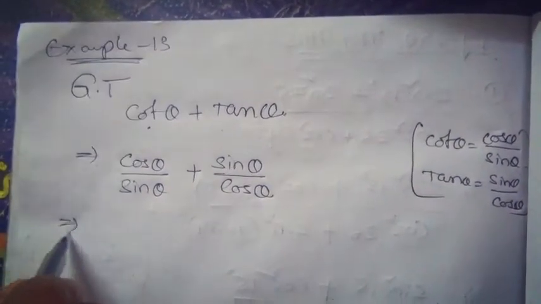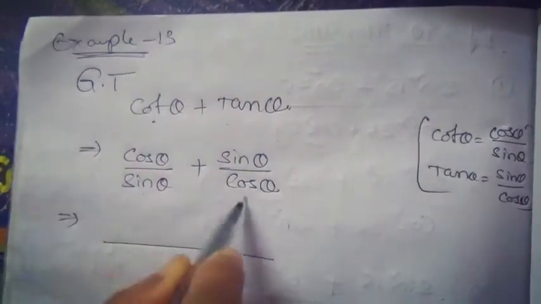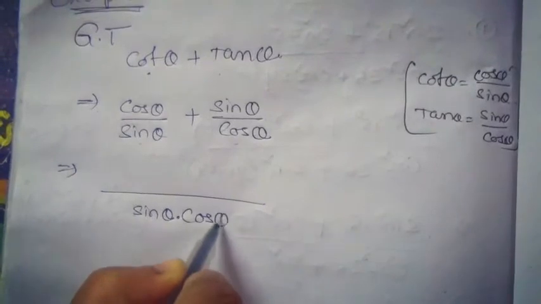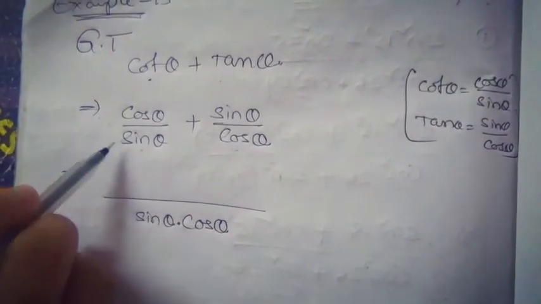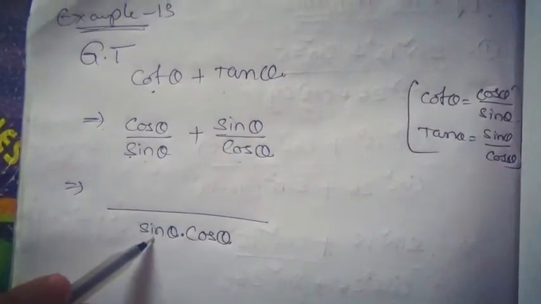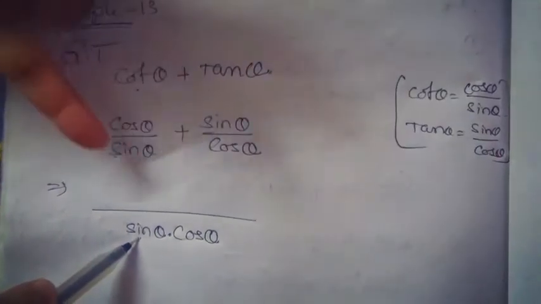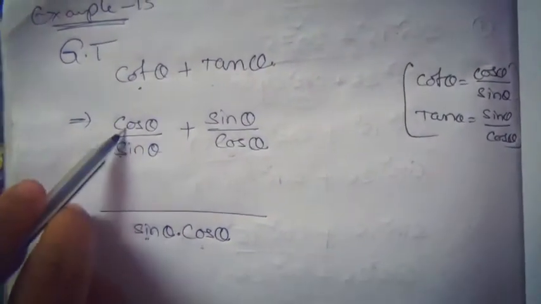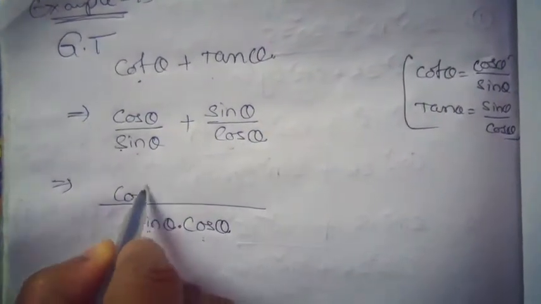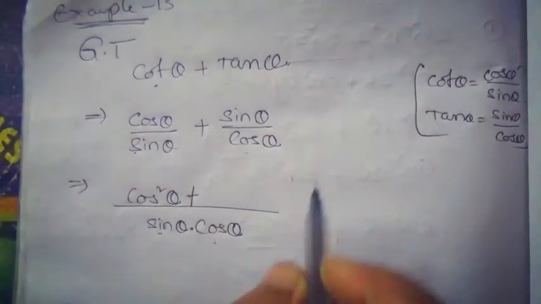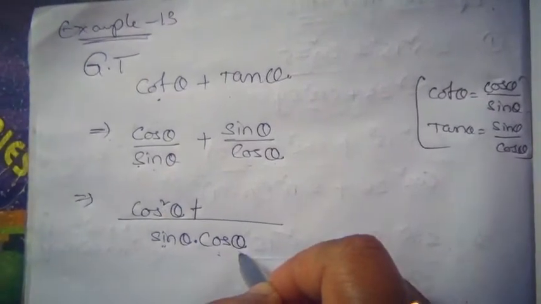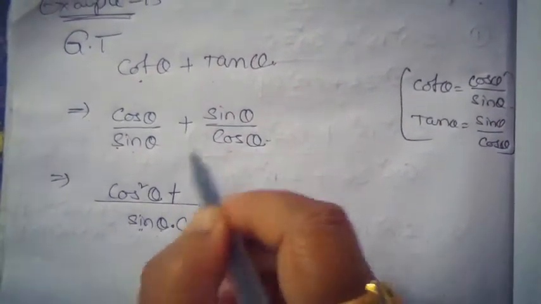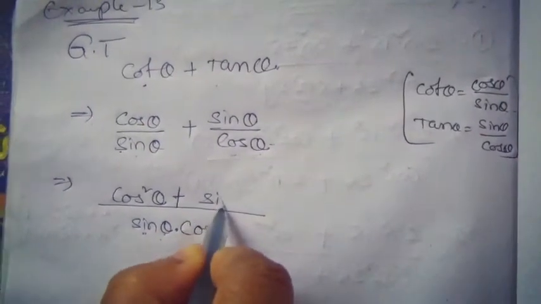So we do the LCM for these two: sin theta into cos theta. Sin theta is there here, which is not there in the denominator, that is cos theta. So cos theta into cos theta, cos square theta, plus, here cos theta is there but sin theta is not there in the denominator, so sin theta into sin theta, sin square theta.